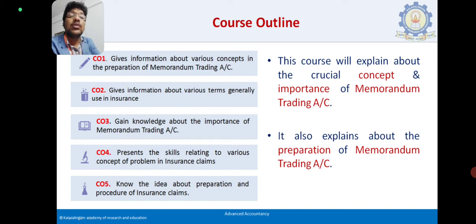It also explains the various pro forma and formulas for the preparation of memorandum trading account.